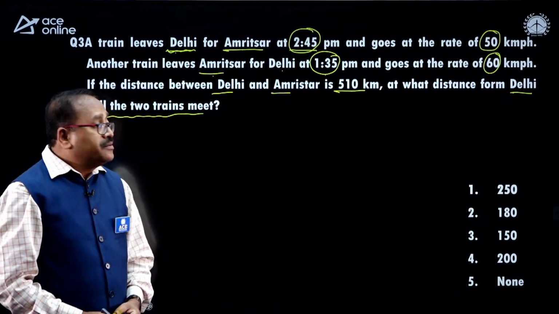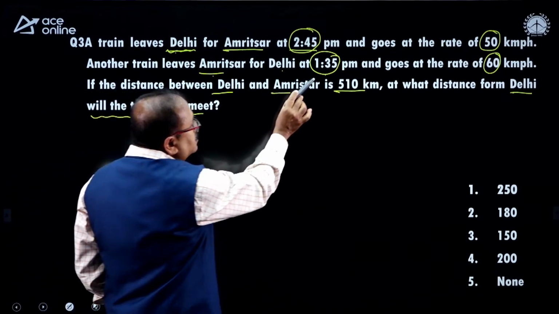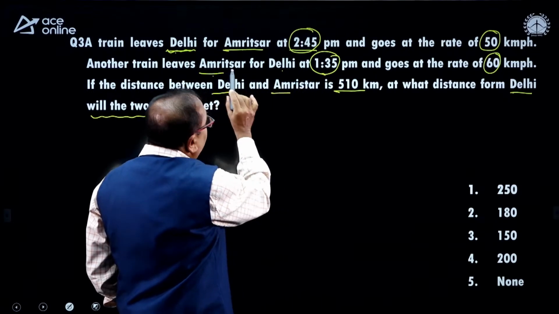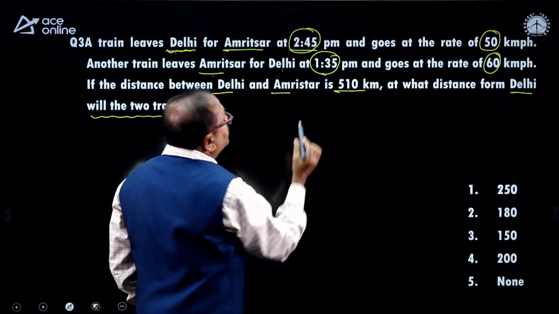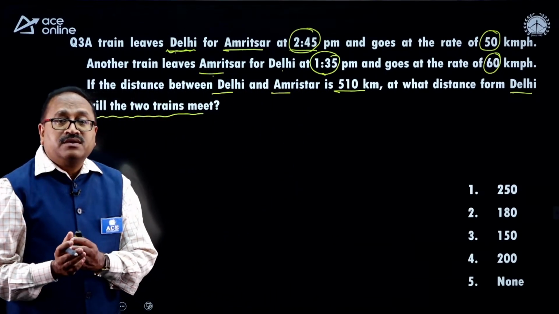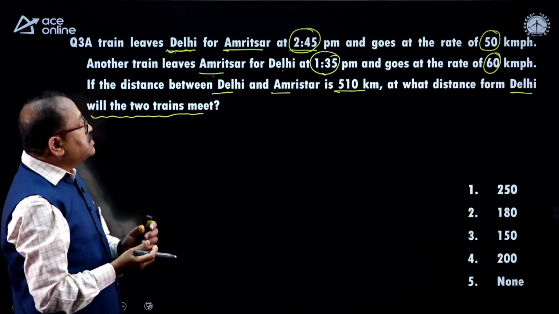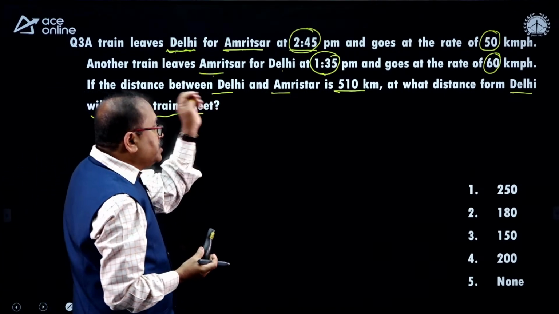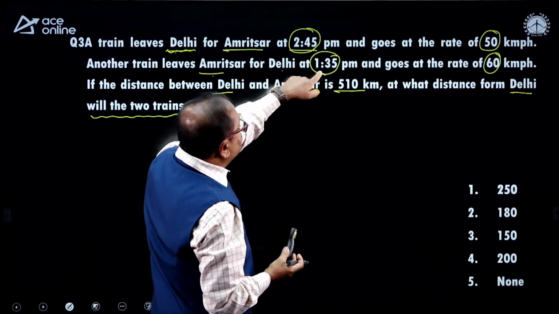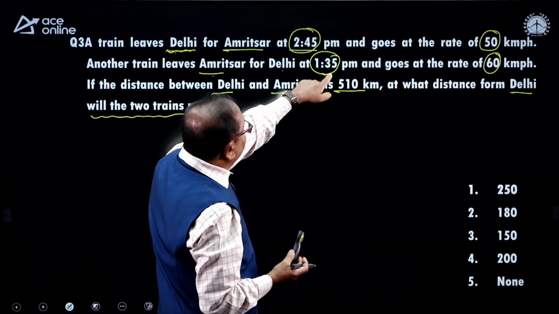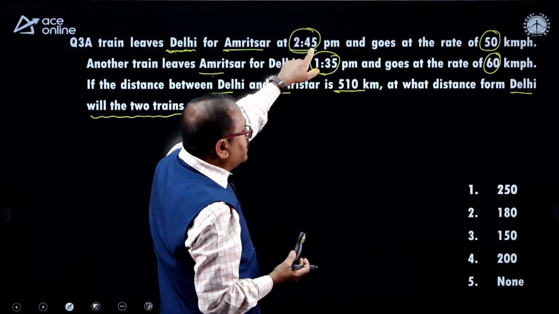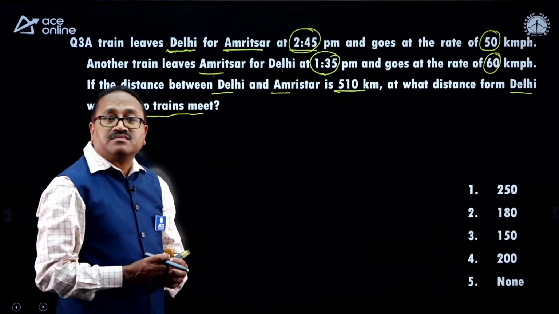So what I do here, I will take this train which started from Amritsar. It has already covered a certain distance before the relative speed starts. How much distance does it cover? Here it is 25 and 25 and 65, that is 70 minutes.